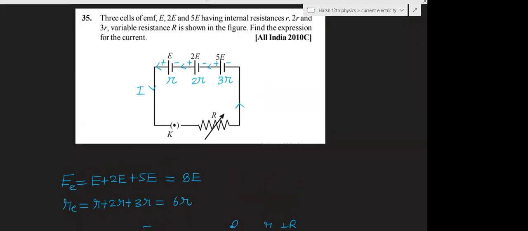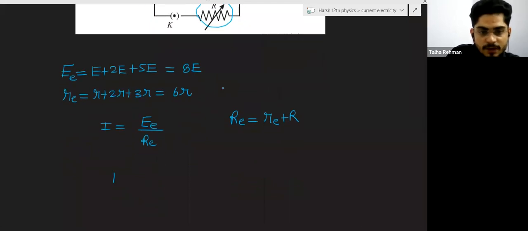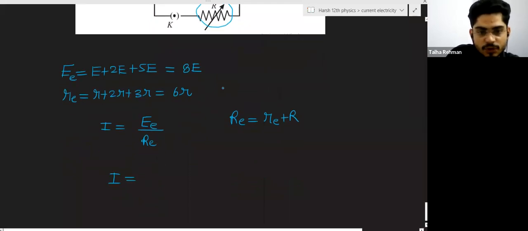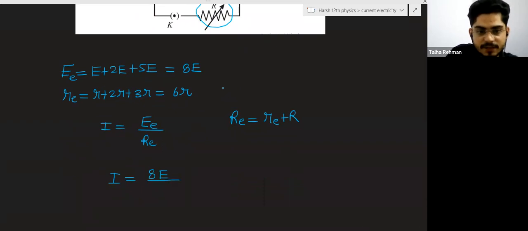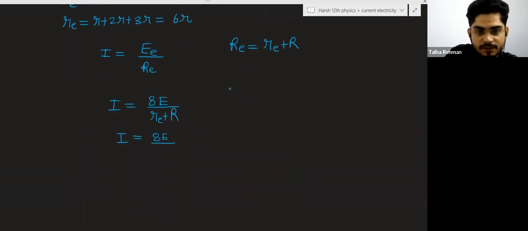So you will write I is equal to 8E divided by RE plus R. Now I is equal to 8E divided by 6R plus R.